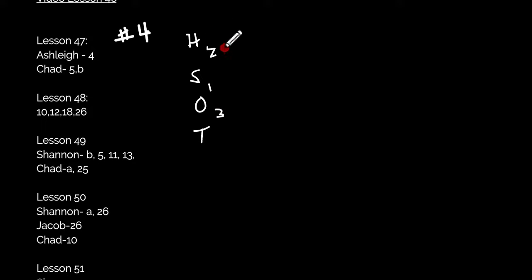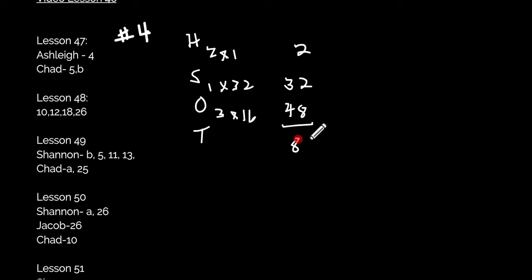Hydrogen weighs 1, sulfur weighs 32, and the oxygen weighs 16. So we get 2, 32, and 48. We add up the total and we get 82.